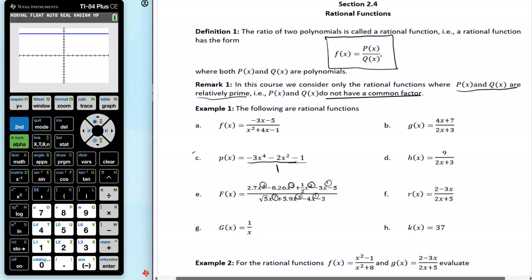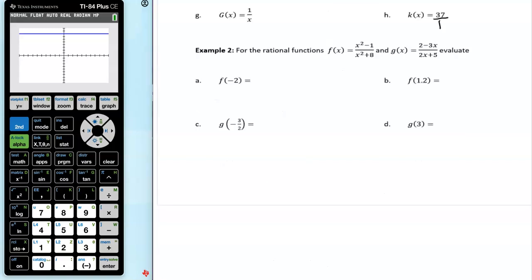So both of these functions fit our definition of a polynomial, and since they're in a fraction together, they are now considered together a rational function. One last one that you would not normally consider a rational function is part H, but technically it does fit our definition.